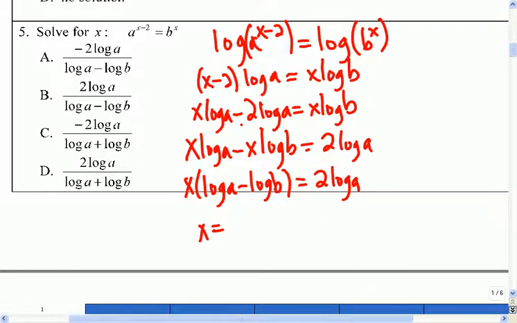I think we were right about here before it crashed, so you probably figured it out while I was trying to get through the technical difficulties. Only thing left to do is divide. So B is the answer there.